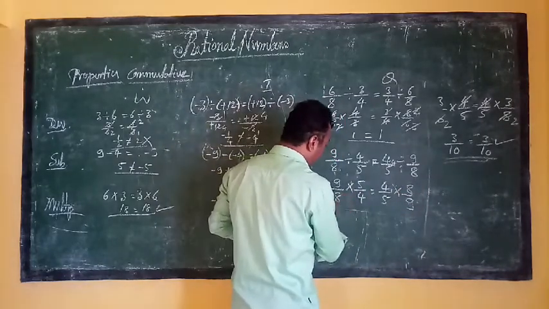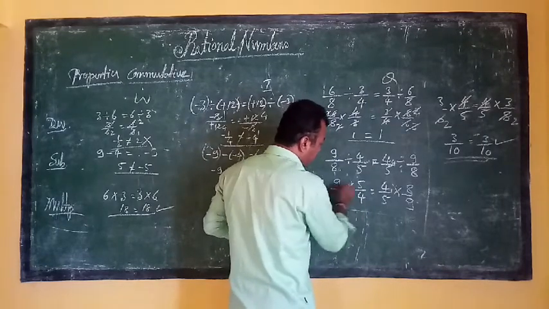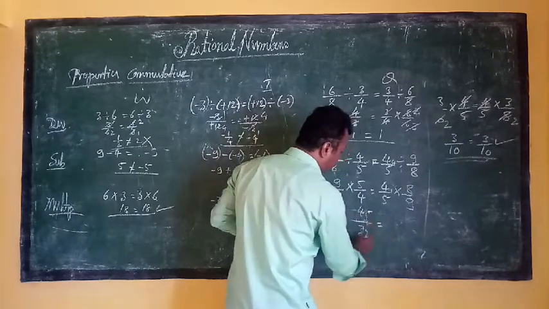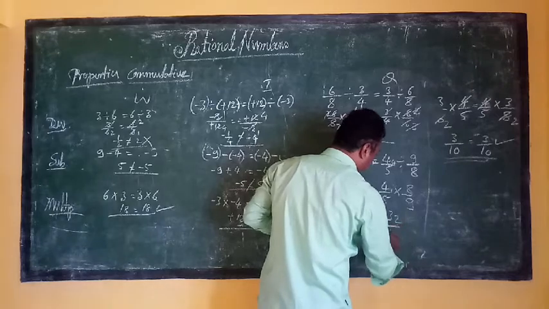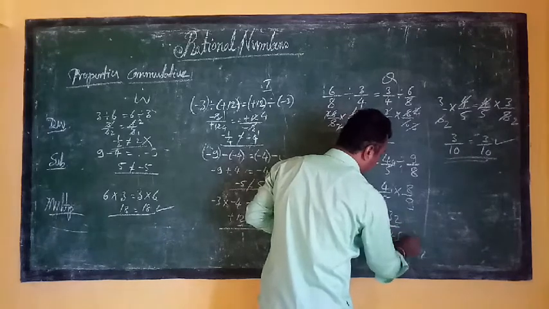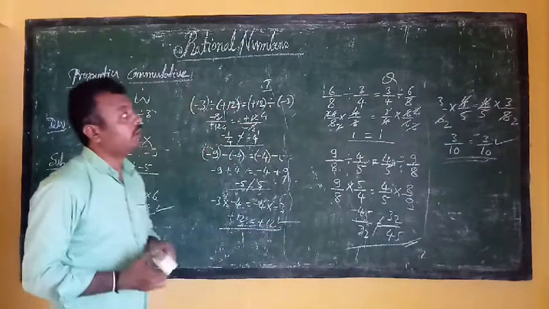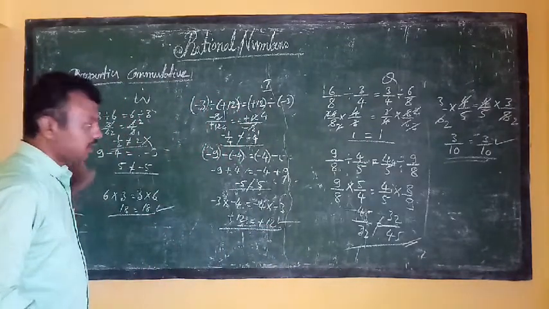Now there is no dividing of any number. 9 5s are 45, 8 4s are 32, so 45 by 32. 4 8s are 32, 5 9s are 45. Therefore not equal. Therefore the commutative property of rational numbers does not hold under division.